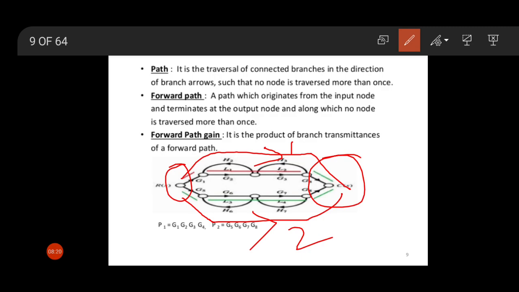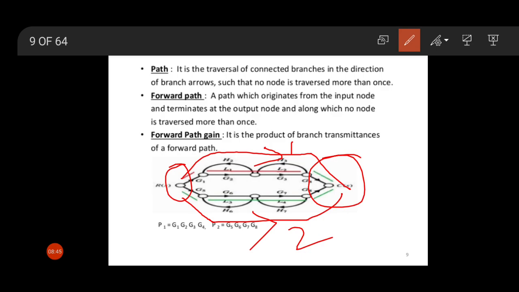The first one is indicated by the red line, and the second one is indicated by the green line. So what is forward path? A path which originates from the input node and terminates at the output node, and along which no node is traversed more than once. So clear what is forward path?